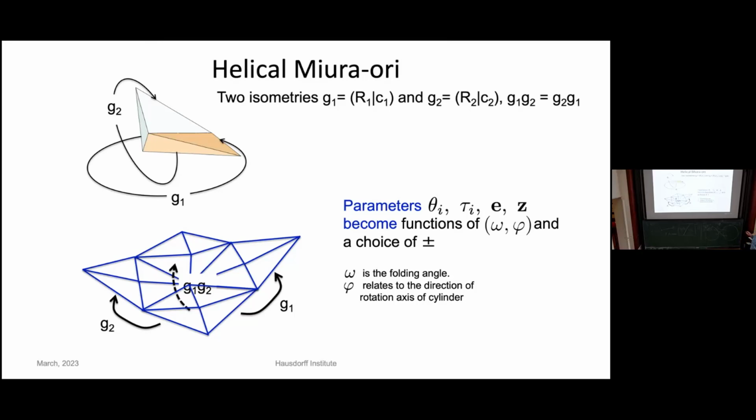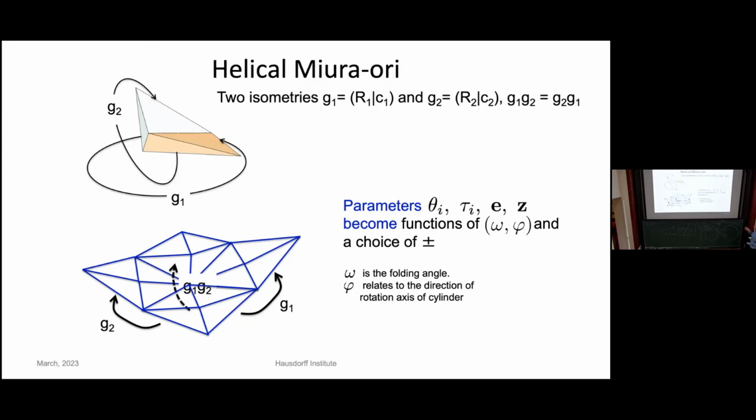Now you have the hard job of lots of algebra, taking care of the parameters. There were two parameters for the angles and the R's. I'm sorry that the notation has changed a little bit. There were parameters in the C's, and then there was the E, the axis of the R's, and there was this point.